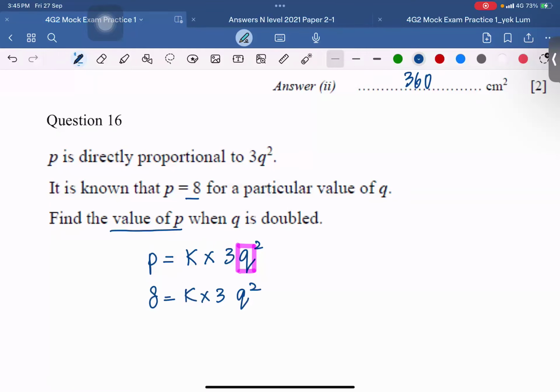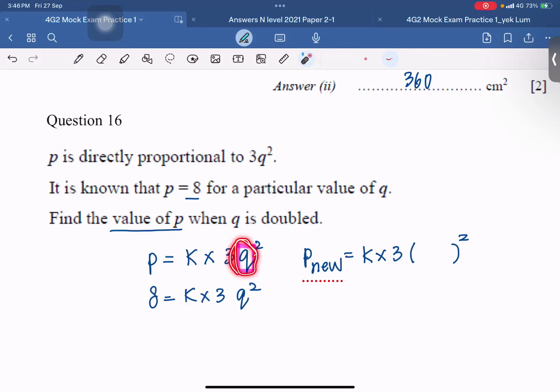Find the value of P new. Follow this pattern, K times 3. Change the letter Q to a pair of brackets, holding square. Can you do this? Follow exactly this pattern, P equals K times 3, except for the letter Q, change it to a pair of brackets, square.